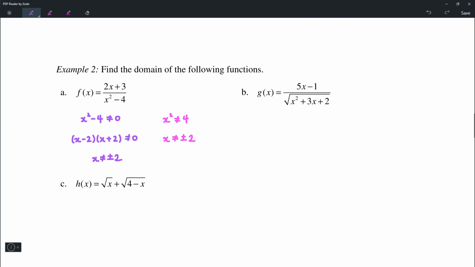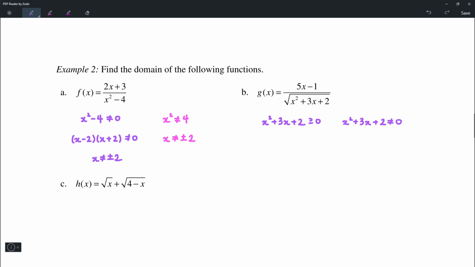Okay, in the next example, we have two parts. Number one, x squared plus 3x plus 2 is underneath a square root sign, so it must be greater than or equal to 0. Now, on the other hand, since the square root of x squared plus 3x plus 2 is in the denominator, we know that x squared plus 3x plus 2 cannot be equal to 0.